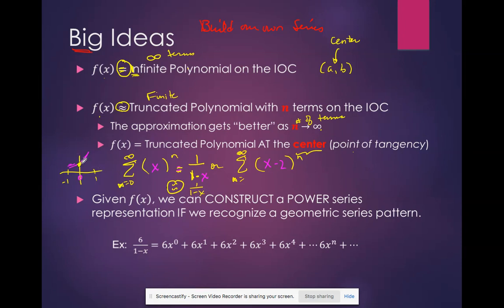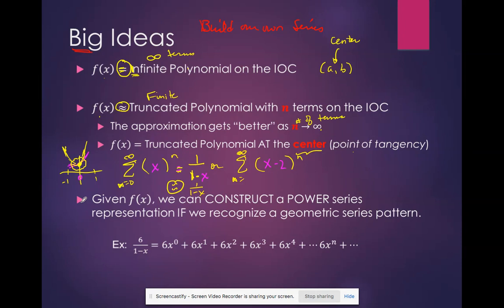I radiate out from the center, and maybe if I stop after n is equal to 2, I have a quadratic that maybe looks like that. And as you can see, it's not -1 to 1. You can see the purple and the yellow diverge away from one another.